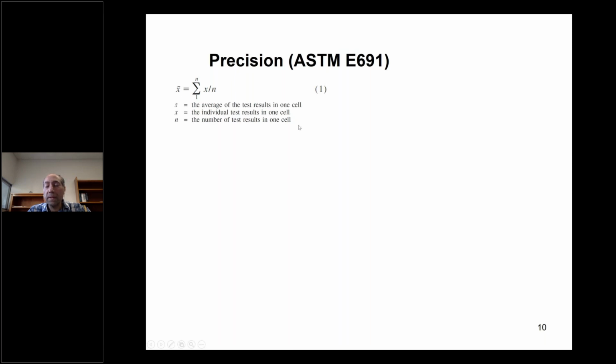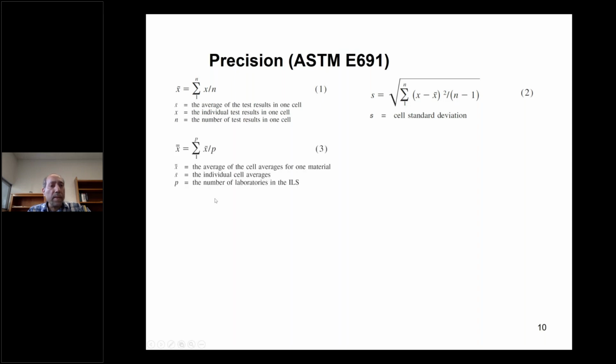In one cell here, it means, for instance, one group has measured ice melting capacity for deicer A. So we make an average from the results, and then using equation 2, we can calculate a standard deviation, which is S here. Then also we have another factor which is mentioned in equation 3.